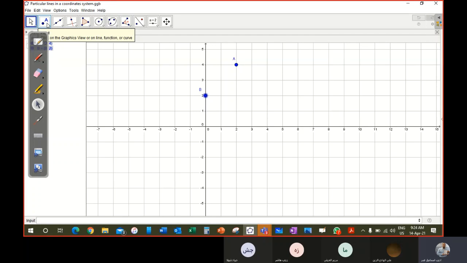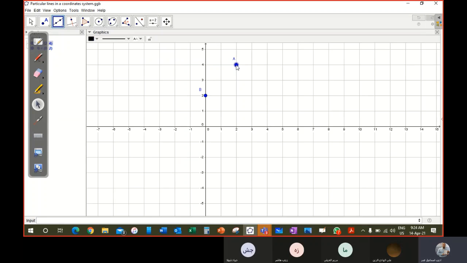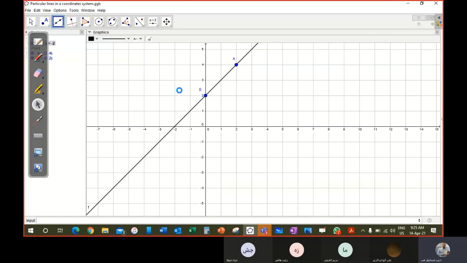Now we join the line. We join the line AB. Okay, this line AB is the drawing of the line. I will put its equation.